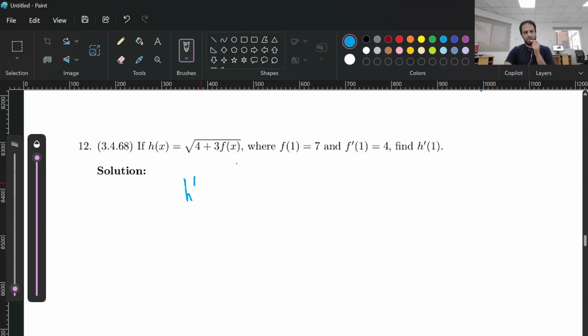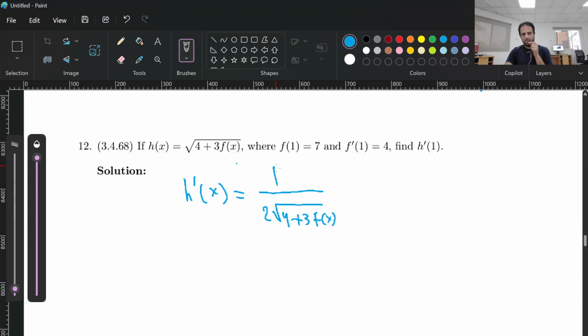So h prime of x equals what? Chain rule, it will be 1 over 2 the square root. First start with the root, which is the outer.